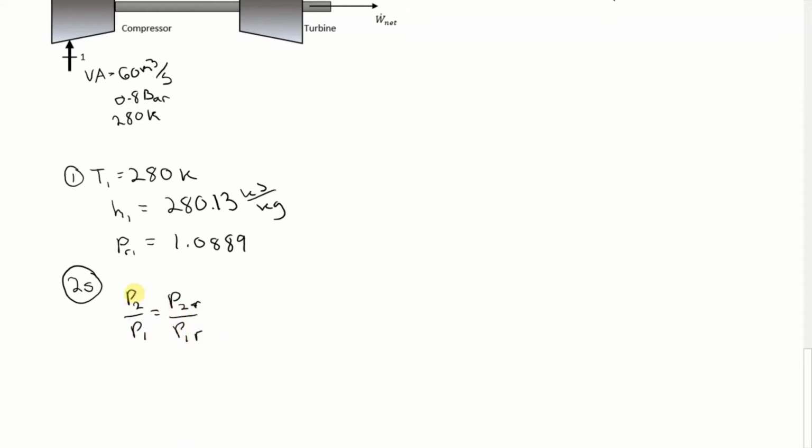So we know that our pressure ratio of P2 over P1 was equal to 20. So this means that our PR2 is going to be 20 times our PR1, which will be equal to 21.78.